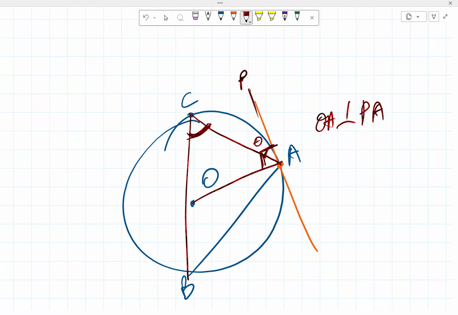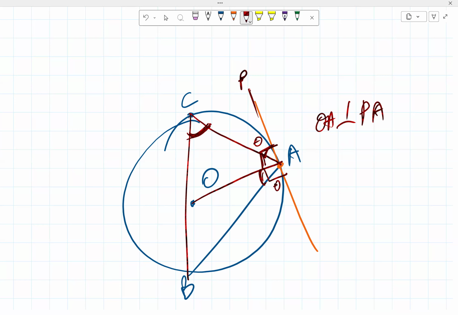The angle between OA and chord AB, this chord AB now. So this angle right here, we also have this one. This is also a right angle, right? So this angle now will simply be 90 degrees minus theta, because this is theta again.